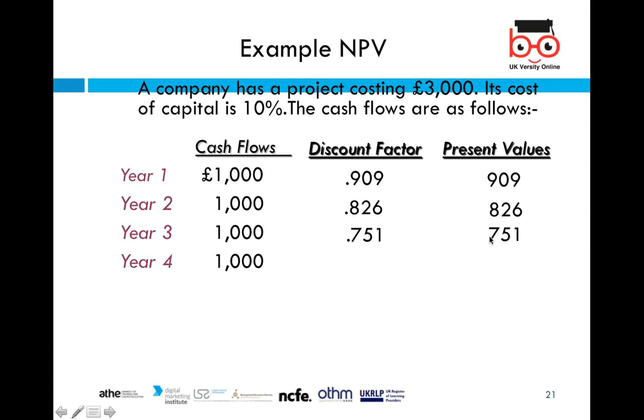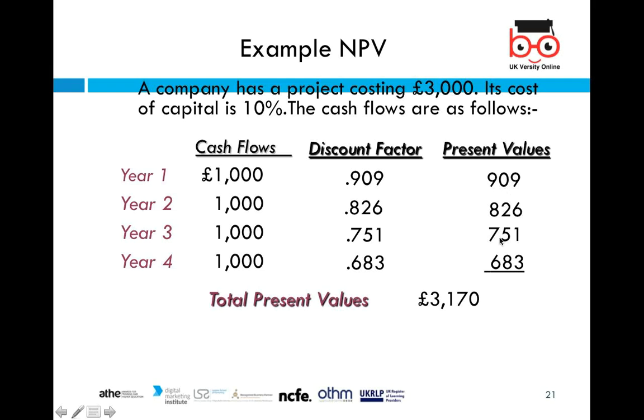In the third year, our discounting factor is 0.751, and the present value is 751, and in the fourth year it is 0.683, and that will be the figure 683. So the total present value of the 3,000 pounds at 10% interest will be 3,170 pounds.